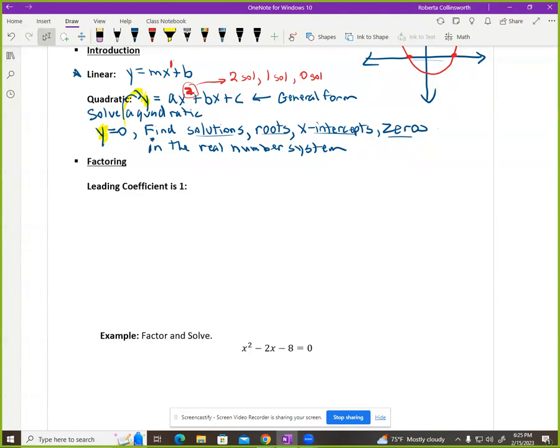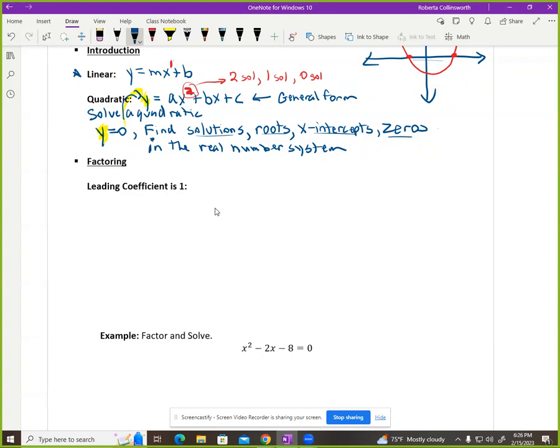So if you absolutely hate this math and you think I'm just going to wait till the last minute and do whatever I can and it'll be okay, I'll be able to pass it, you're not going to, because everything after this uses solving linears and solving quadratics. And you have to do that over and over and over again. So make sure that you learn how to do this.